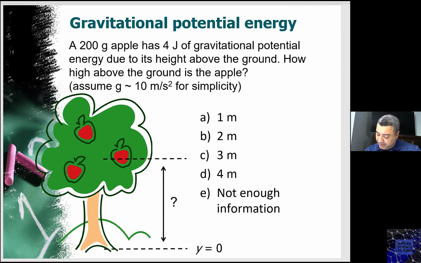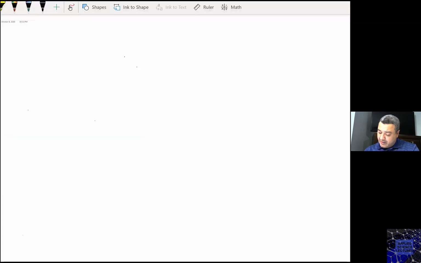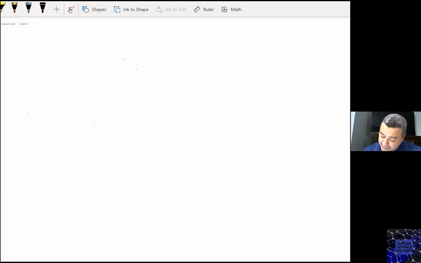So if we have an apple that has a mass of 0.2 kilograms, right? And it is sitting on the tree.